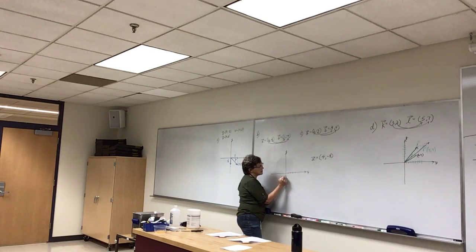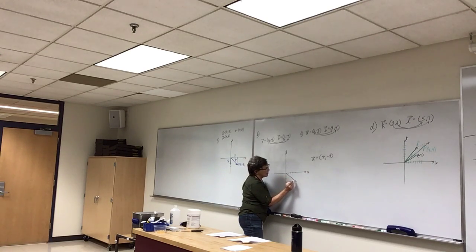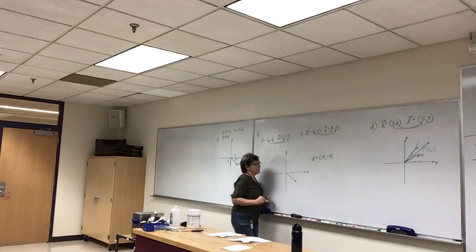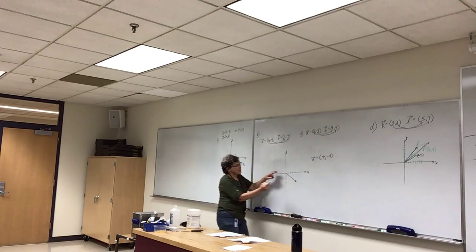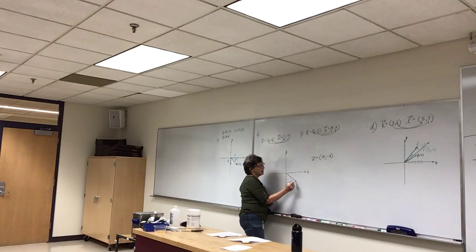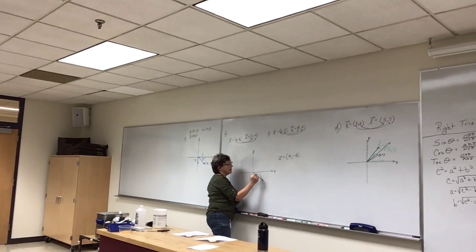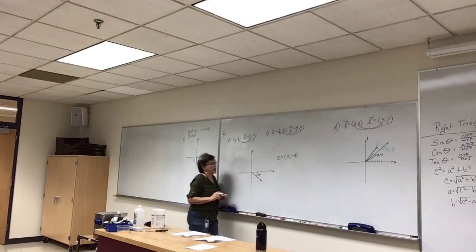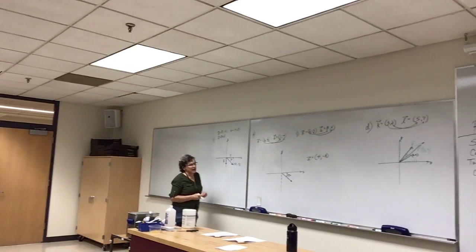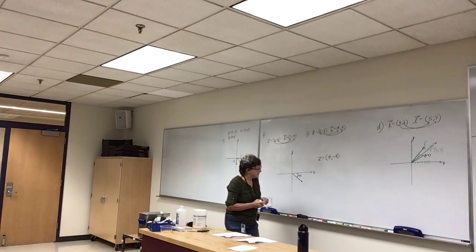And on the y-axis, we go -3. 1, 2, 3. And right about there, we just need the 1 point, because we know it's a phasor. So this has a magnitude and a direction. If we measure from the x-axis, it has a magnitude and a direction.